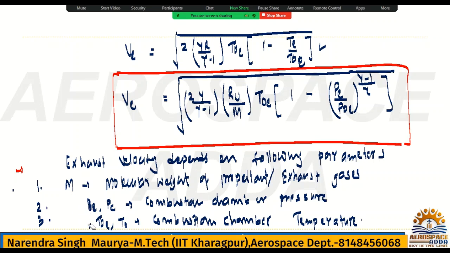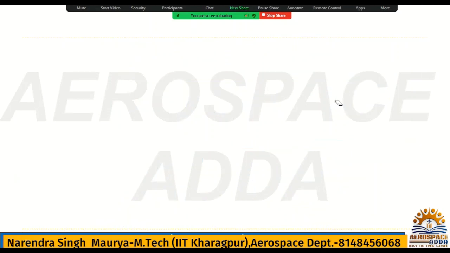Now this is fine. And at the same time, we can write the exit pressure of the nozzle also. Point 4 is it also depends on the exit pressure of the nozzle.